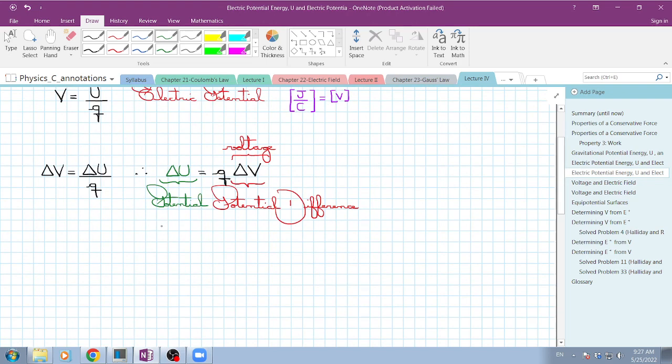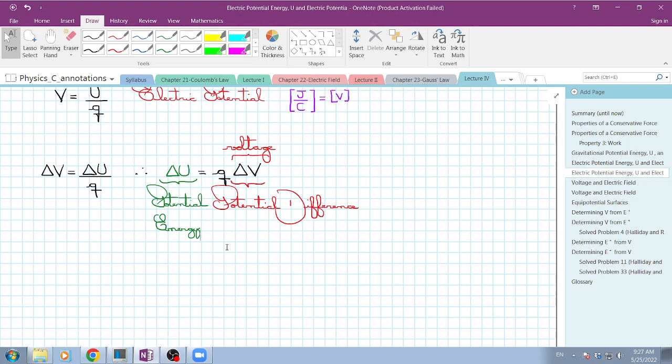Please do not get confused and mix up these concepts. Potential energy and voltage are not the same. Okay, guys? They're really not the same. Many people get confused, and I think this is the only thing you have to take care of when you are solving physics problems.